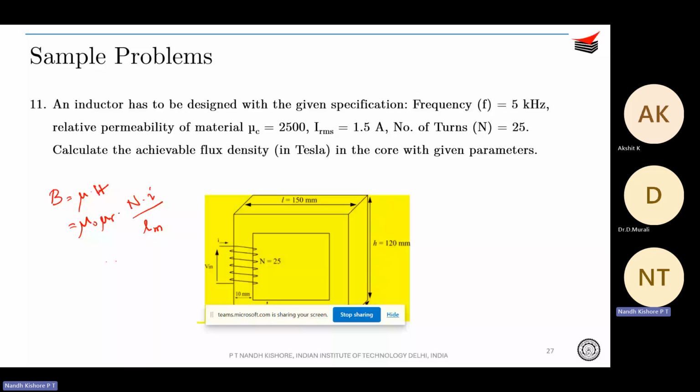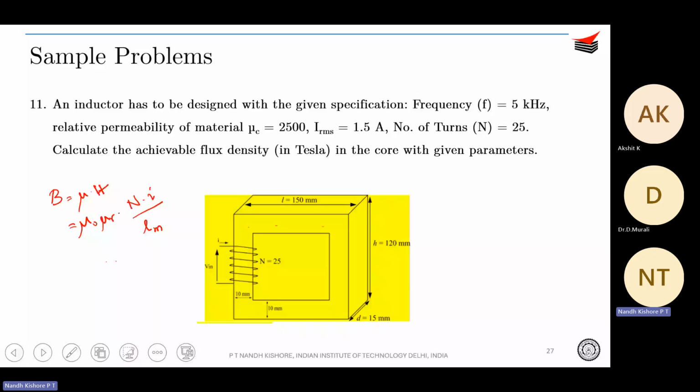The relative permeability is known, and you know what is mu naught. N is known, I is also known, and Lm can be determined from the given dimensions.